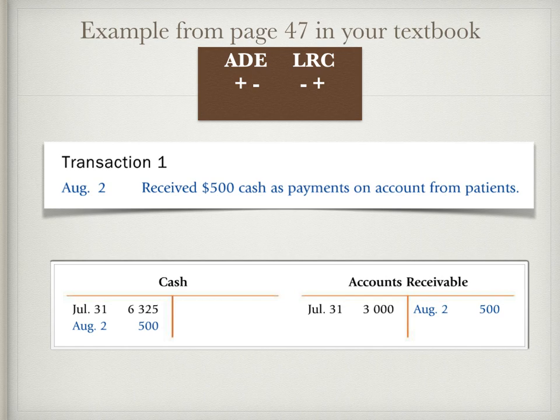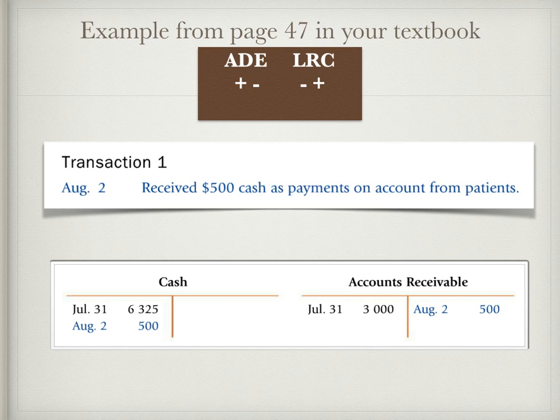So if we have to record this in the T account, each cash and accounts receivable, the entries there in black, that's their opening balances that were previously recorded. You'll see both their opening balances are on the left side because they're both asset accounts. And then the transaction on August the 2nd, the $500, is increasing our cash asset account because we received $500 cash, so we record that on the left.